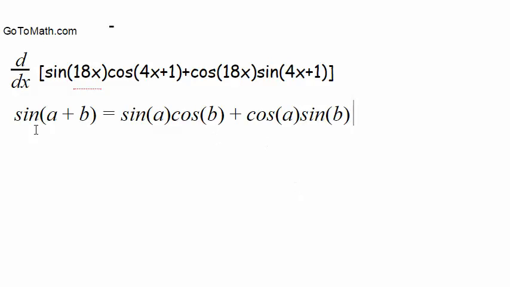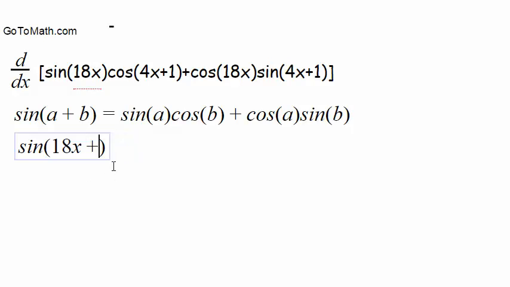Now, as you can see here, let's copy that again. A is actually going to end up being 18x, okay?